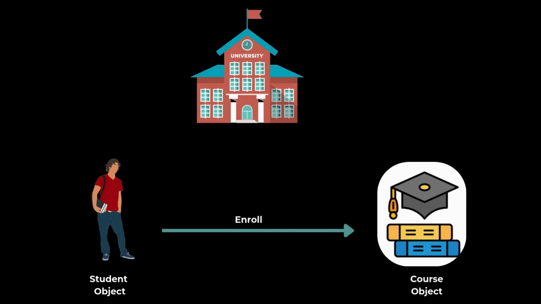We simply tell the student object to enroll in the course object. The complexity is managed because the objects communicate and handle their own data and behaviors. This is a much more intuitive way to model real-world problems.